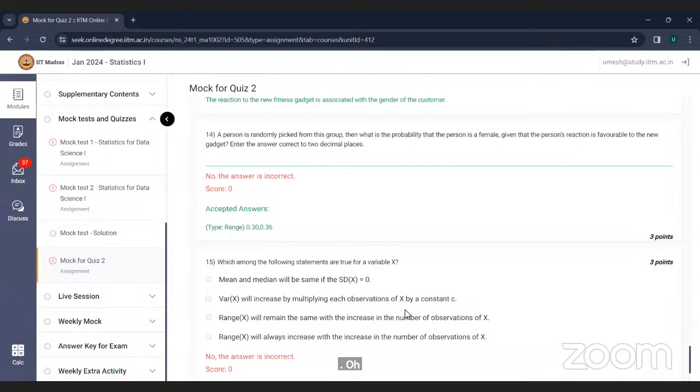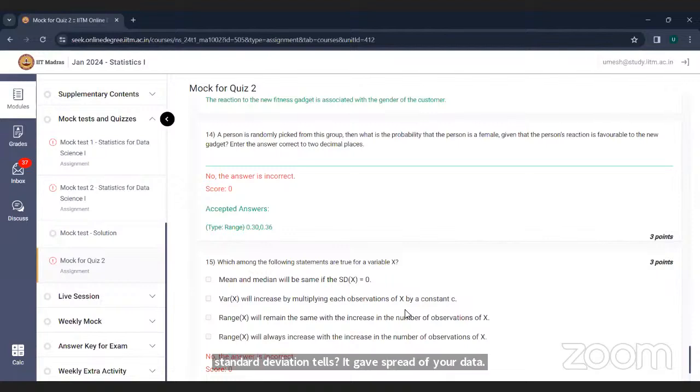The following statements are true for variable x. Mean and median will be the same if standard deviation is 0. So what happens if standard deviation is 0? What does standard deviation tell? It gives the spread of your data.